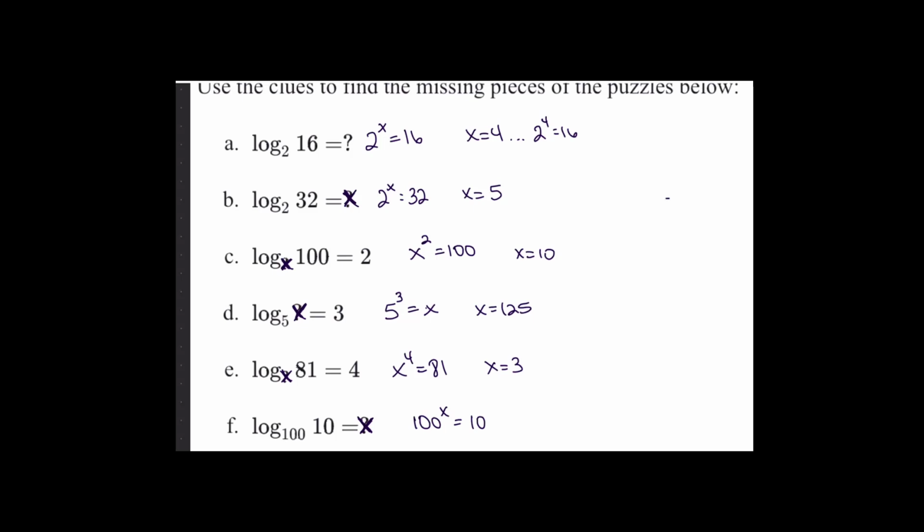Because we had 3 to the negative 1, that was 1 over 3. So I would try fractions.